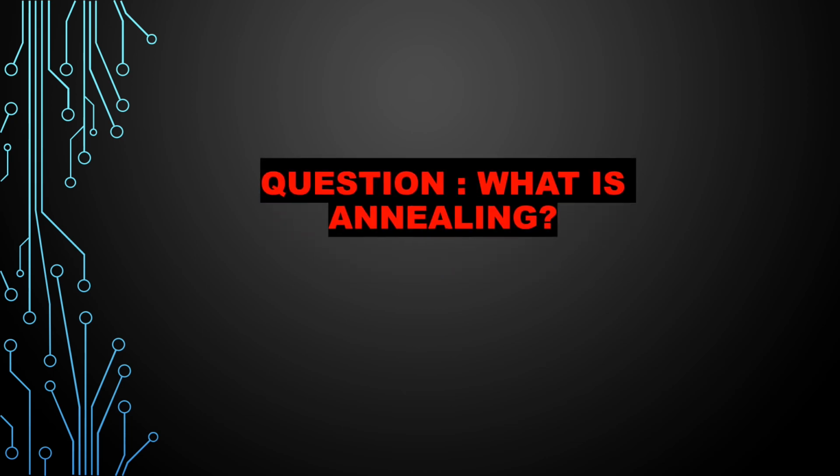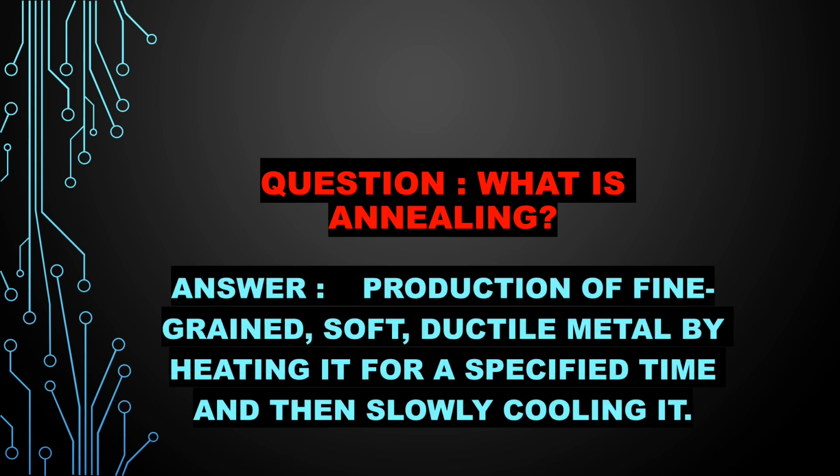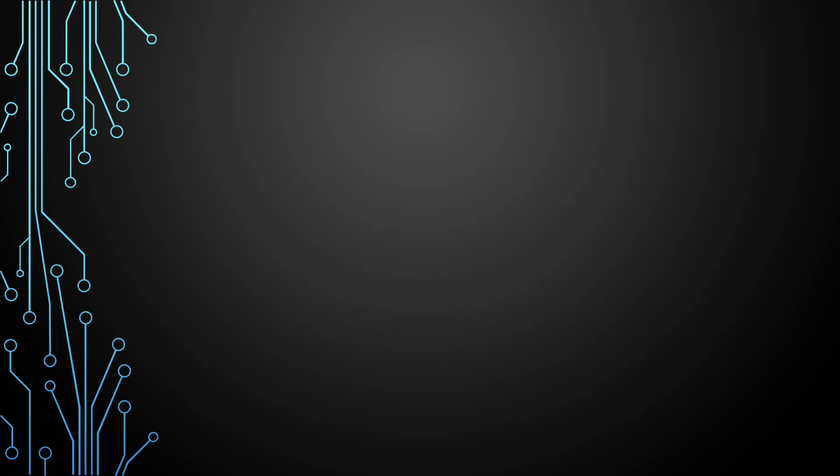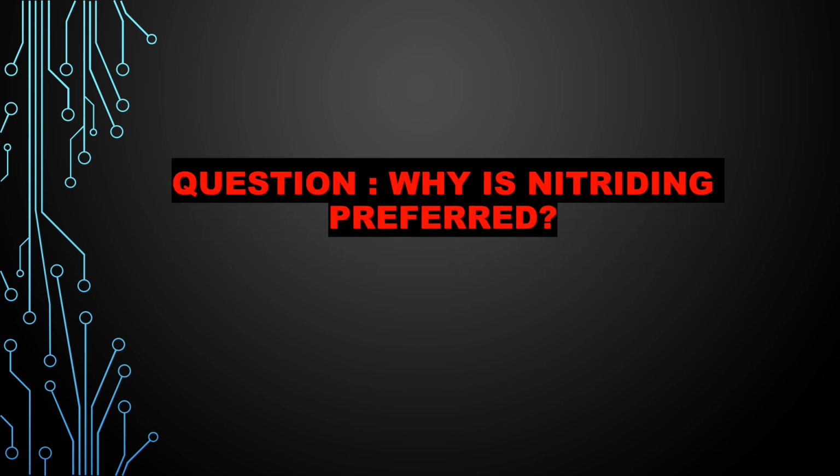Question: what is annealing? Answer: production of fine-grained, soft, ductile metal by heating it for a specified time and then slowly cooling it. Question: why is nitriding preferred?